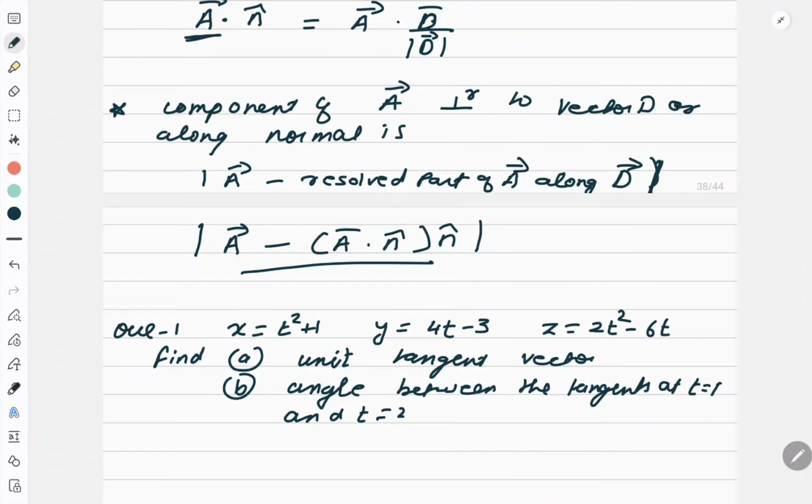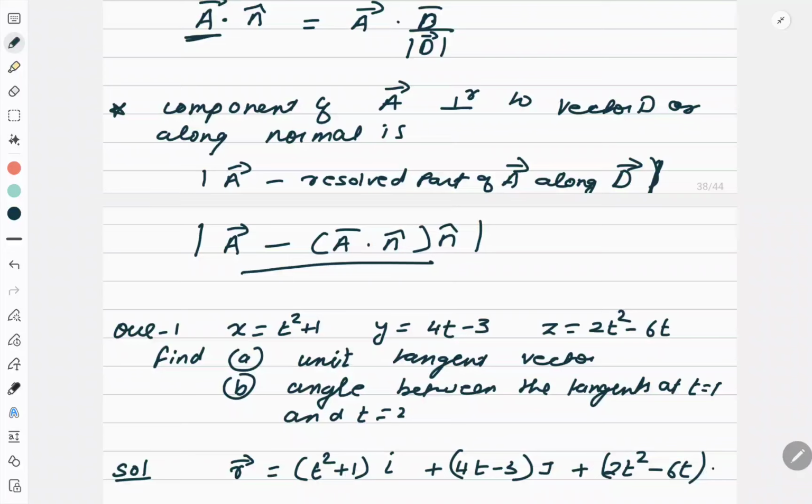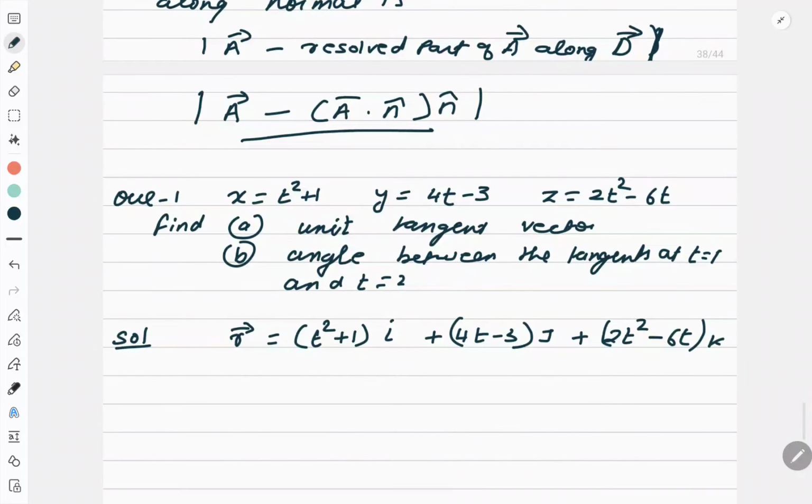Now my first question: x, y, z is given. So first I will frame what r is. I know that the r vector is (t square plus 1)i plus (4t minus 3)j plus (2t square minus 6t)k. So now, what is the first question? Unit tangent vector.